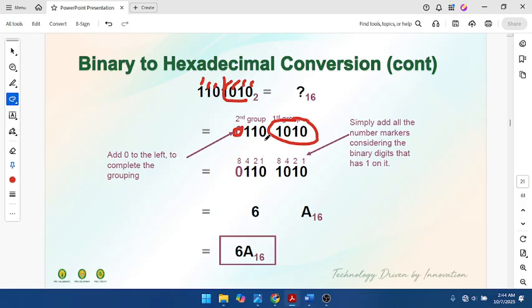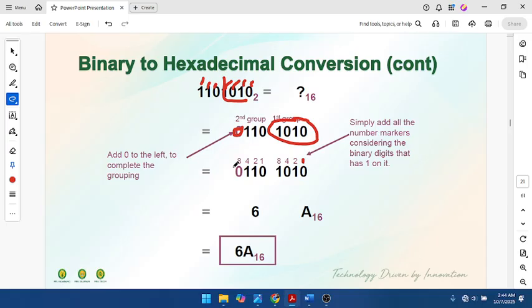So, now we have already completed 2 groups. Next step is to simply add all the markers. Of course, you have to put first the markers on top of the numbers. So, we have here 1, 2, 4, 8, another 1, 2, 4, 8.